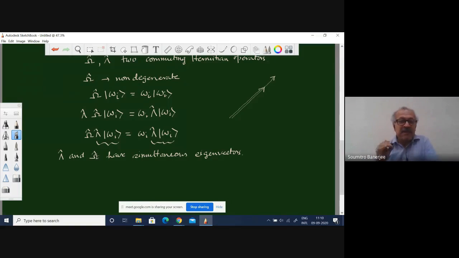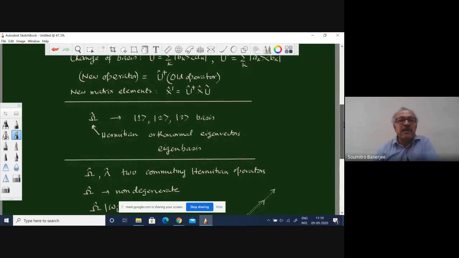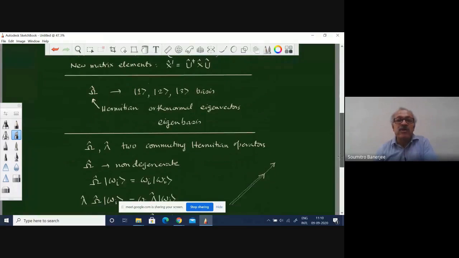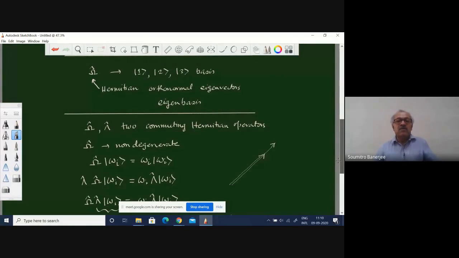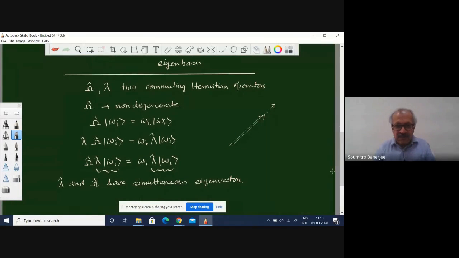So that is the mathematical implication of two operators being commuting. Okay, if you have any question, you can ask now.